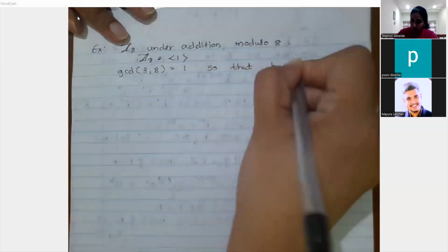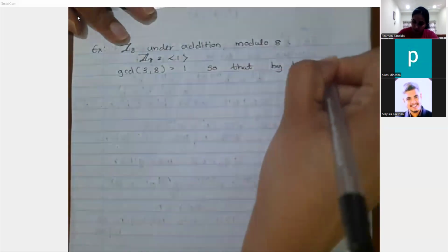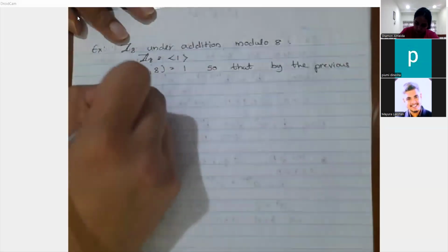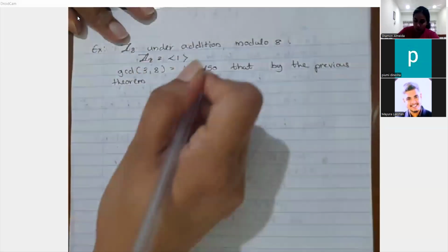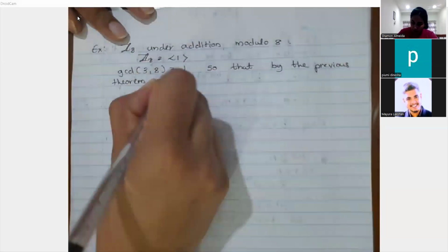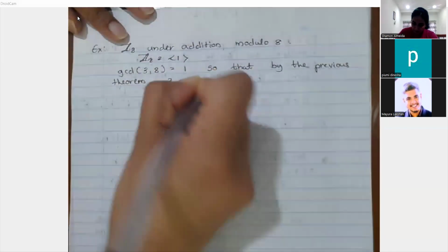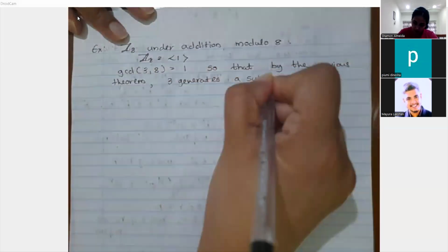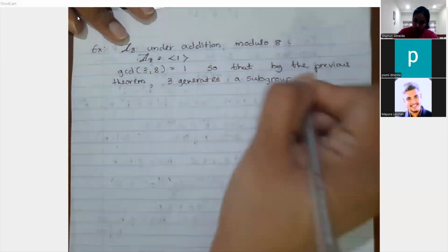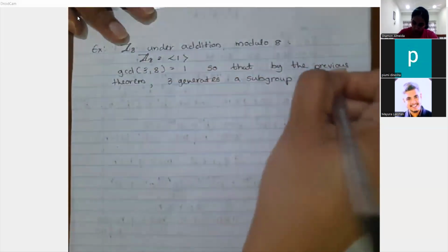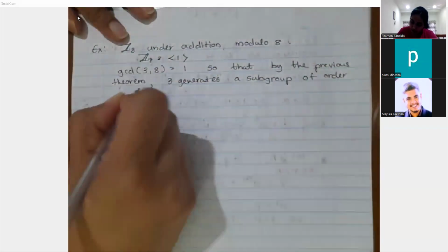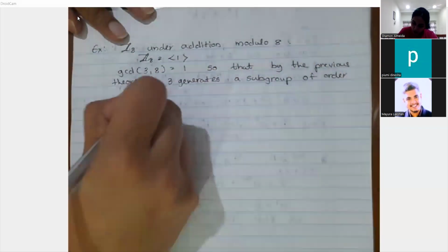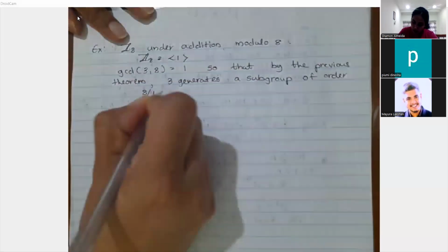By the previous theorem, we know that 3 generates a subgroup of order n over d. In this case it is 8 over d, the greatest common divisor, which is 1.